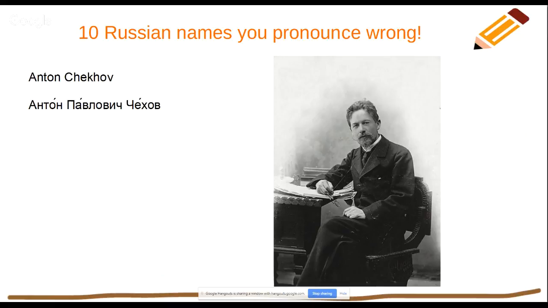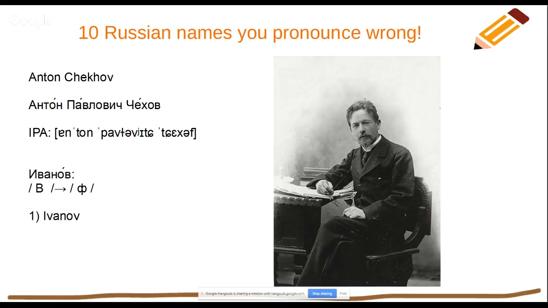All right. This is the IPA for you. And maybe you notice that a lot of Russian last names end with "ov." It's a typical male last name. And V is pronounced as F. So there are two types of transliteration, Ivanov or Ivanoff.